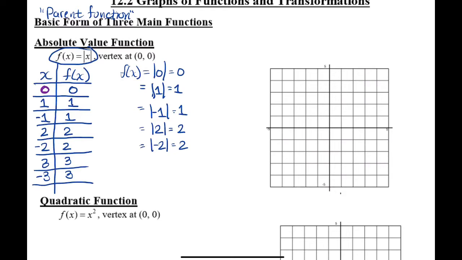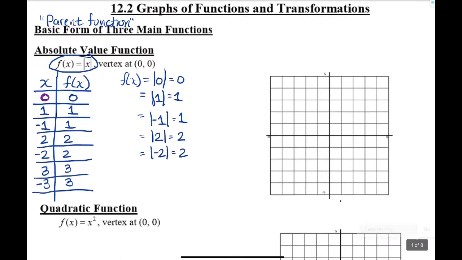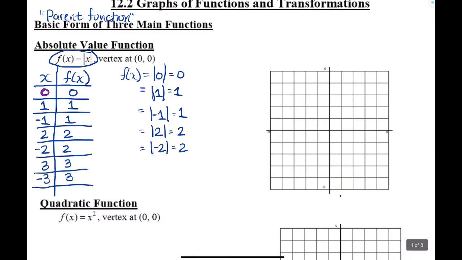Now when we graph this, all right, let's go ahead. What I would highly recommend when you graph functions especially is not to start connecting the dots until it's all over. Some people will make a point here, and then a point here, and make a connection there.